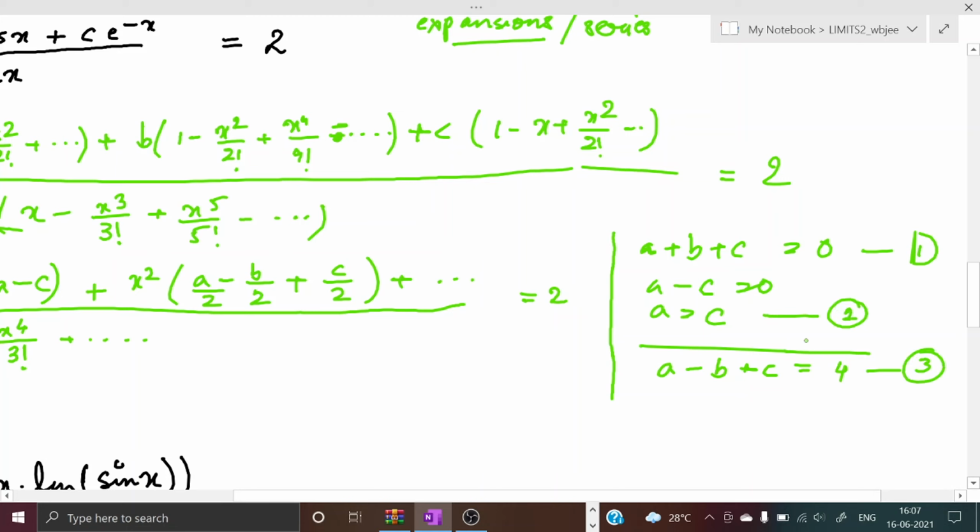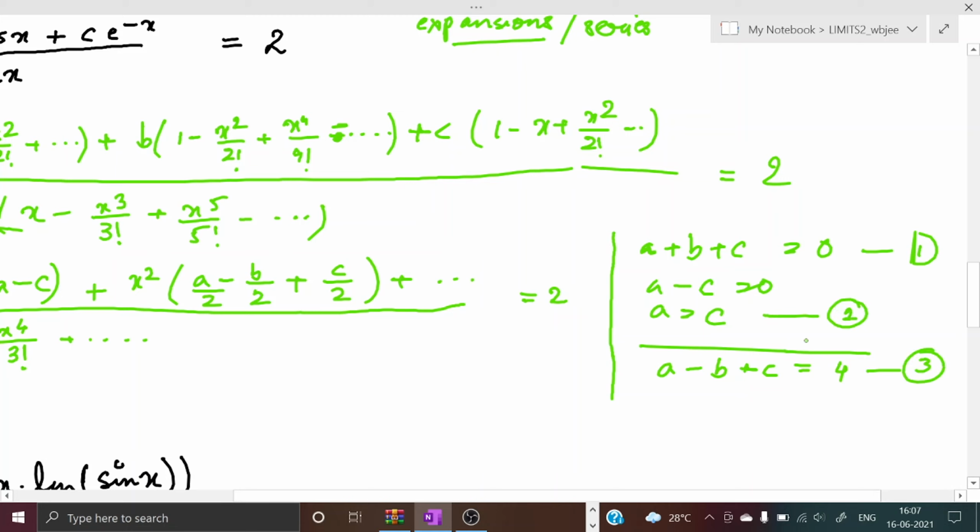Okay, so you have got your answer. That is your answer: a equals to c equals to 1, b equals to 2.